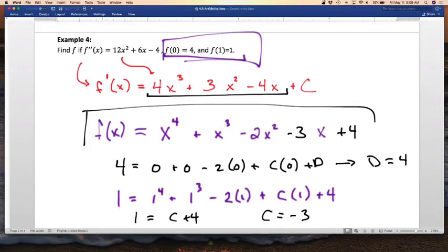And there's our particular antiderivative. That is f. So the key is to make sure you throw in different constants at different steps. Any questions on this problem?